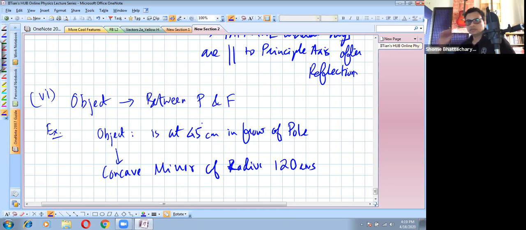Yes, very good. Yuvanshi, you are correct. Your analysis is correct. Good, Sudhir, you also got it correct.